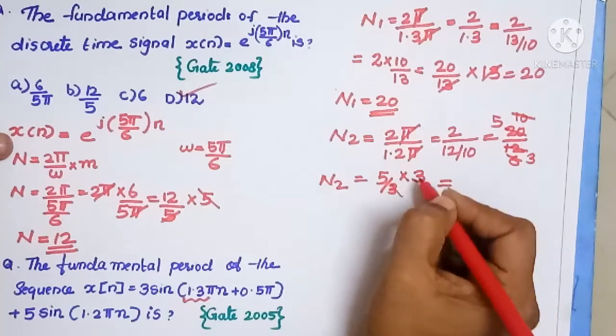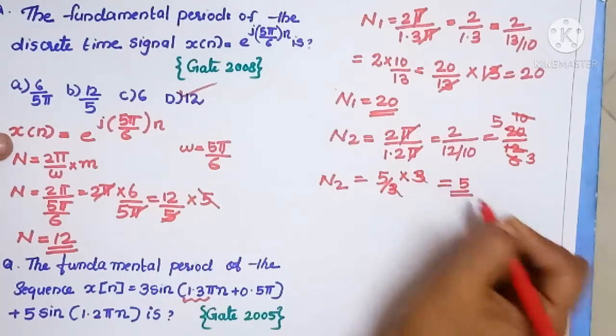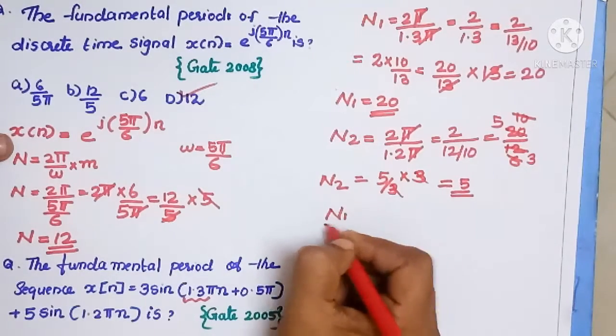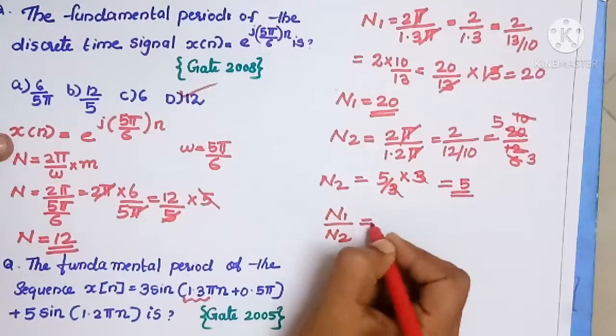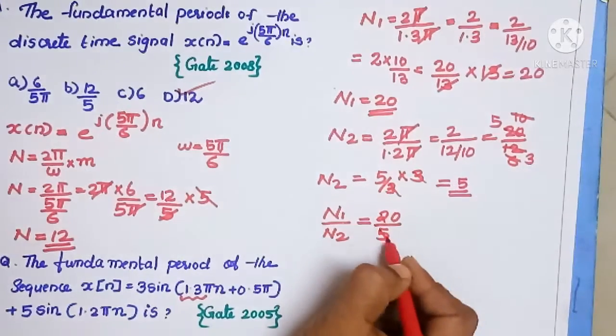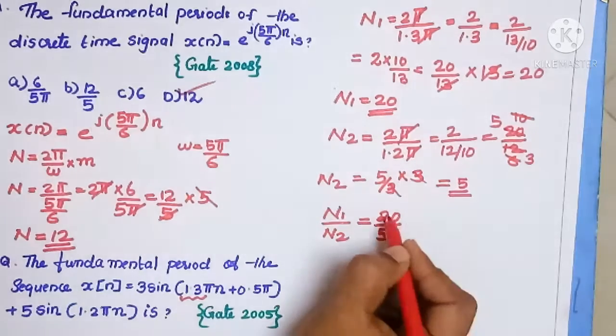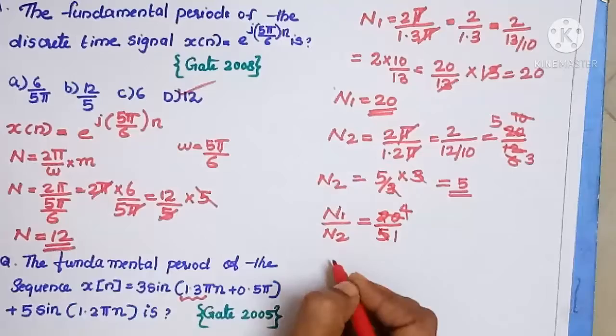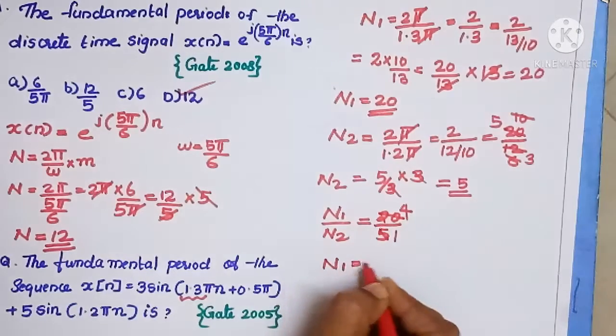So you will get 5. N2 becomes 5. So we need to find N1 by N2, which is 20 by 5. So it becomes 4.